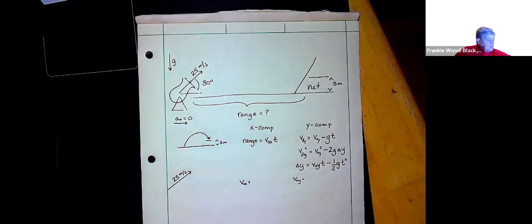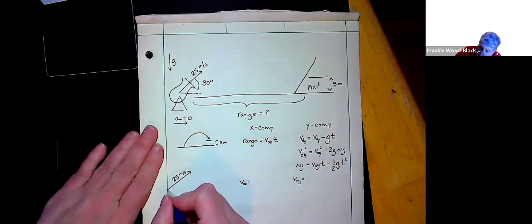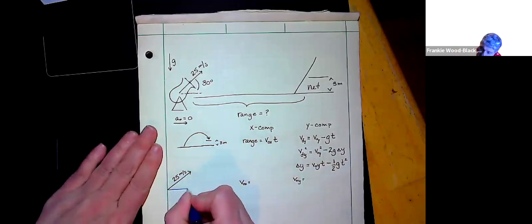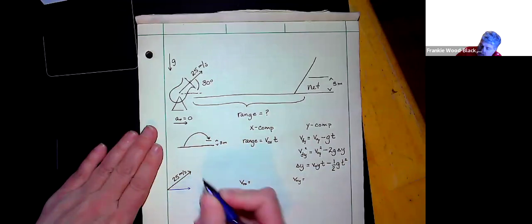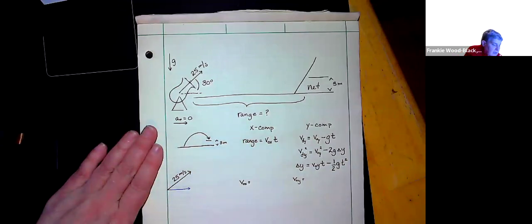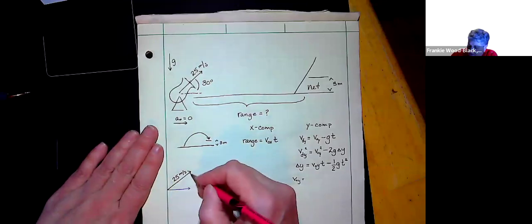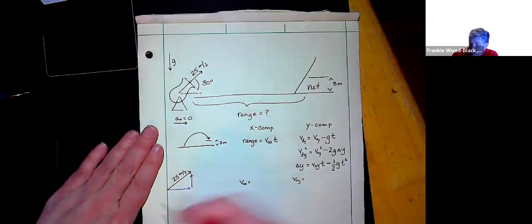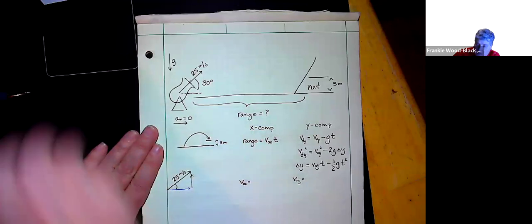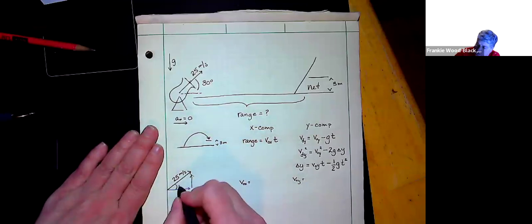And I'm actually going to do this in a different color so that you can see it. I'm going to have my vector component in the X direction, and I'm going to have a vector component in the Y direction. And this is my angle. So there's my angle of 30 degrees.